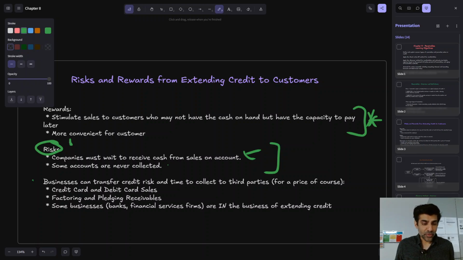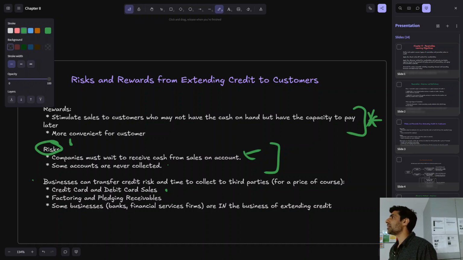Also, businesses can transfer this risk to third parties. So, for example, when you go shop at some stores, they will actually kind of provide you the credit. So you have like Macy's cards, Nordstrom's cards. I'd actually be curious to see if they're actually lending you the money, but it's usually a bank that will take the risk of lending money to you, and the merchant is going to just get the money.